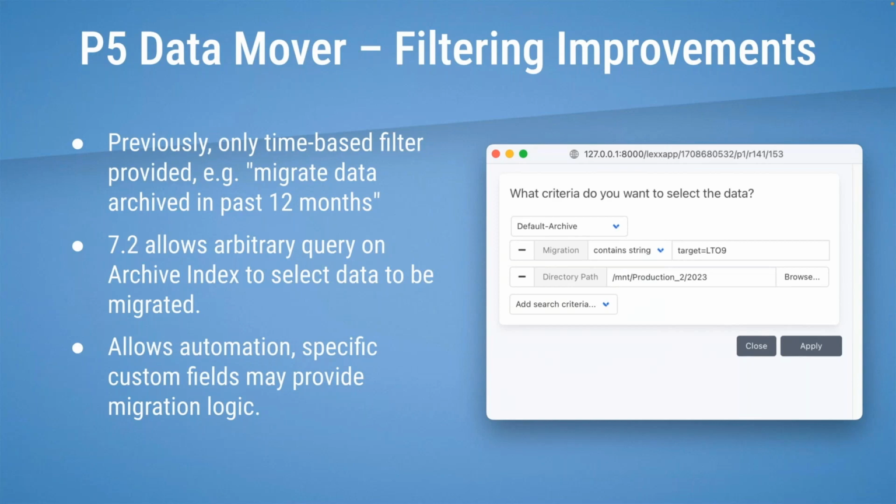And you can also, in this filter, we've got a specific path. So we have a directory 2023 data, and we're only going to migrate the data that is in that path in the archive index. So you can build a query just like searching the archive index in an arbitrary way to select what data it is that you want to migrate.